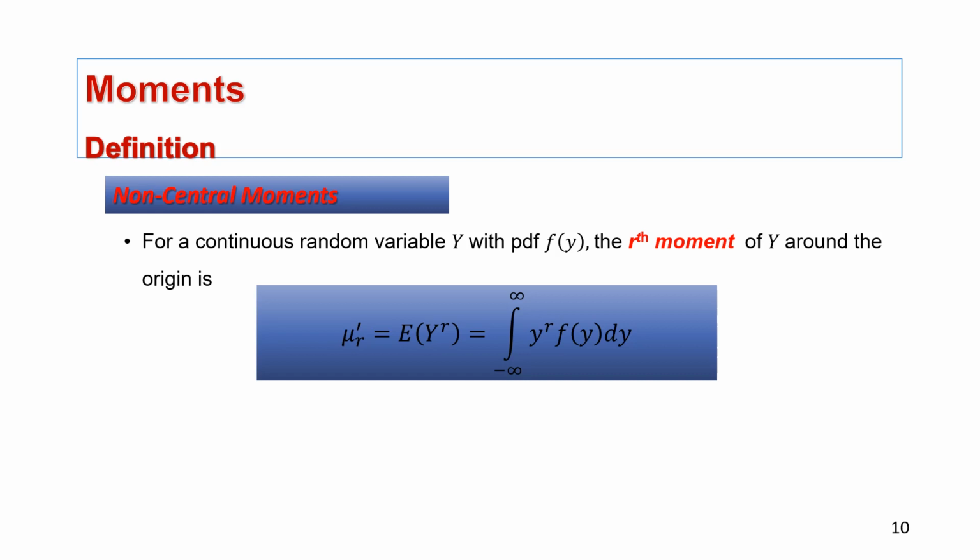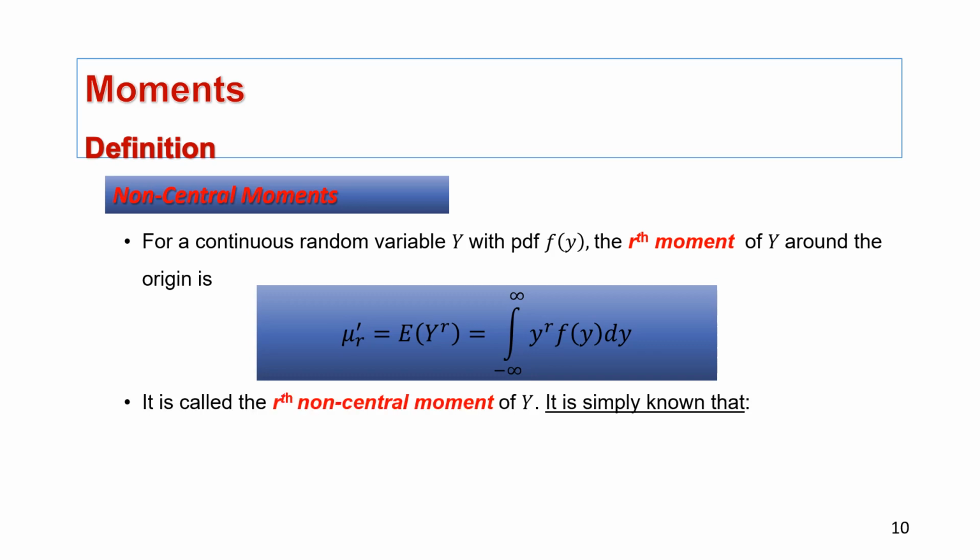This is the general upper and lower limit, but you can use the upper and lower limits of the random variable given. Because it's a rule, we write the general case from negative infinity to infinity. Integrate y to the power r, and don't forget to multiply times the PDF, dy.